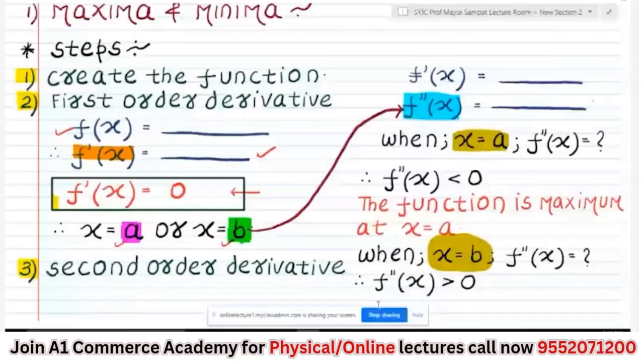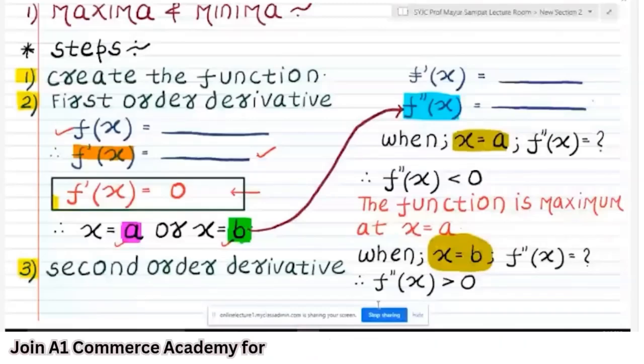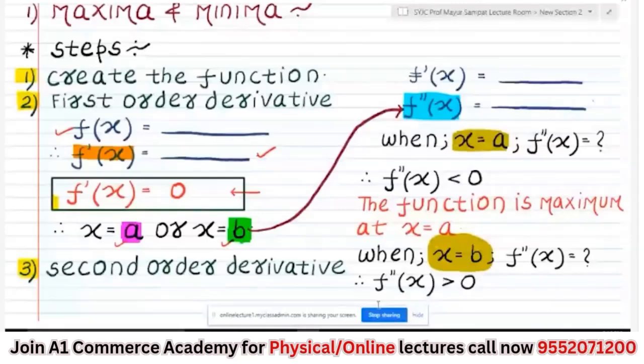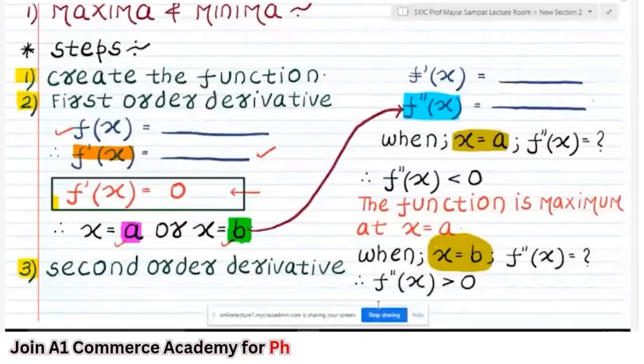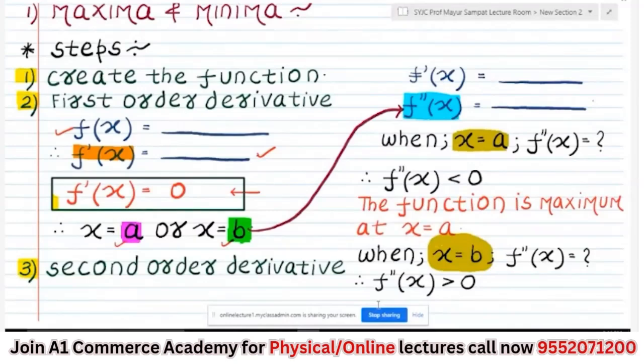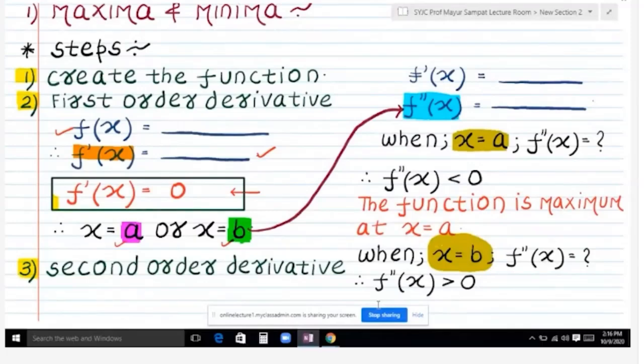In that application, we started with the first application, which is called Maxima and Minima. We learned that Maxima and Minima are based upon certain steps, and those steps I explained in my last lecture.